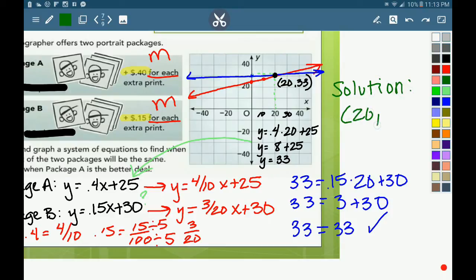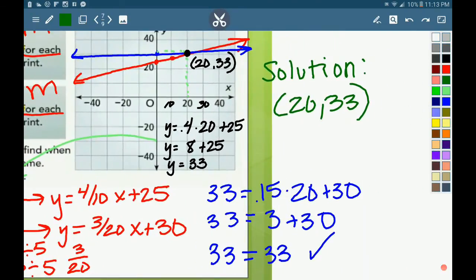(20, 33). We should also make an interpretation because this is a real life problem. You should have a real life answer to a real life problem. So the x-axis represented the amount of prints. The y-axis represented the cost.